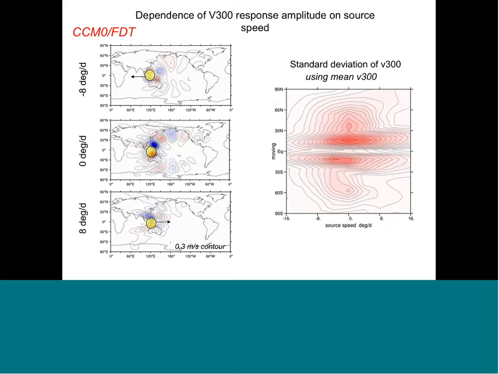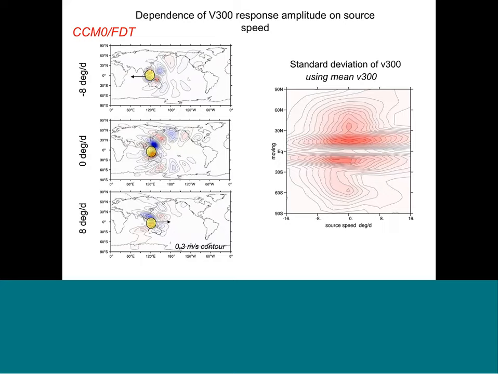The central panel is when it's steady, and the bottom panel is towards the east at 8 degrees per day. So you can see that now in this much more comprehensive situation, we're still getting strong sensitivity. We are able to get a mid-latitude response even if the source is moving, but the structure and the amplitude of that response changes a lot.